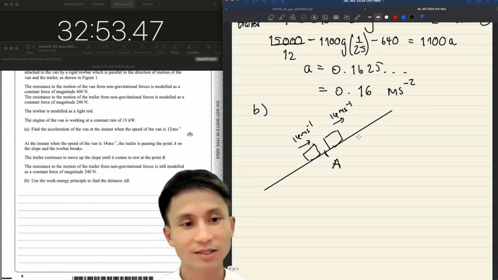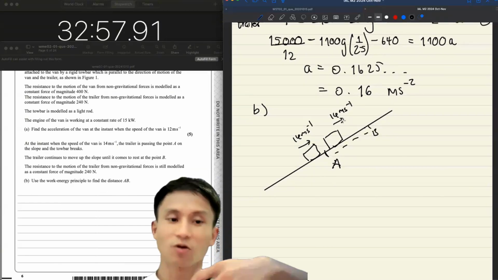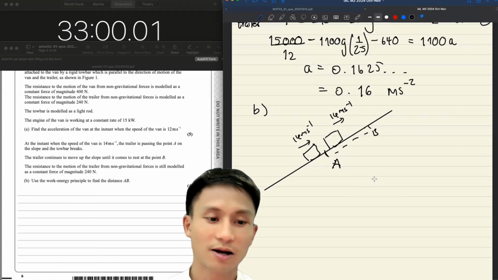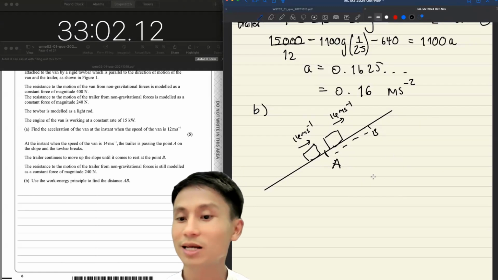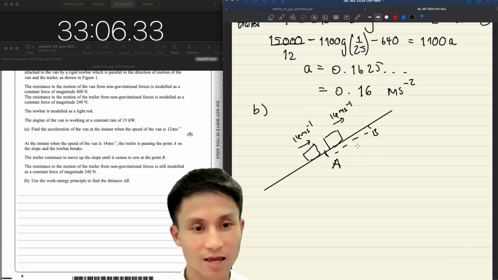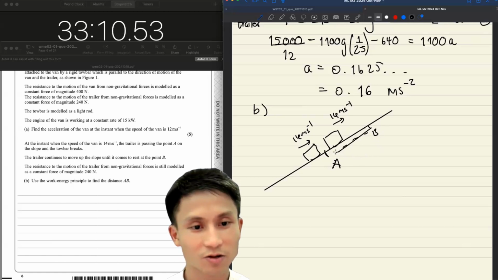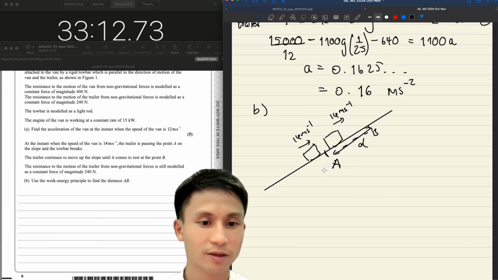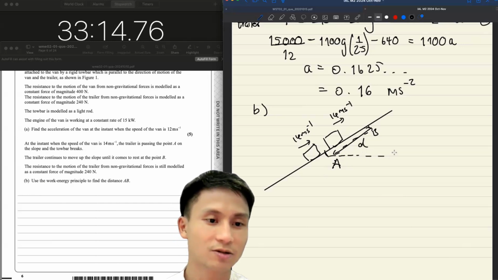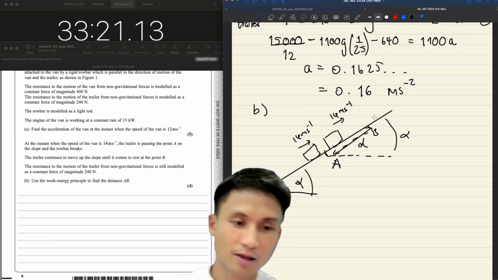Because we want to find the distance from A to some point here, B, imagine that the van already goes quite far up. So we're going to need to do some energy there. So let's say that AB is distance D. And because this is still the same angle alpha, it doesn't change the ramp.